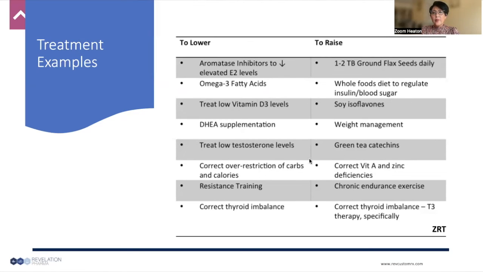And to raise levels, we've got flax seeds, soy isoflavones, green tea catechins, vitamin A and zinc need to be repleted, chronic endurance exercise, and correcting thyroid imbalances.